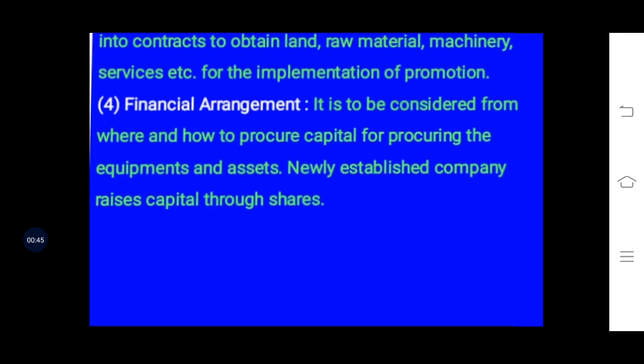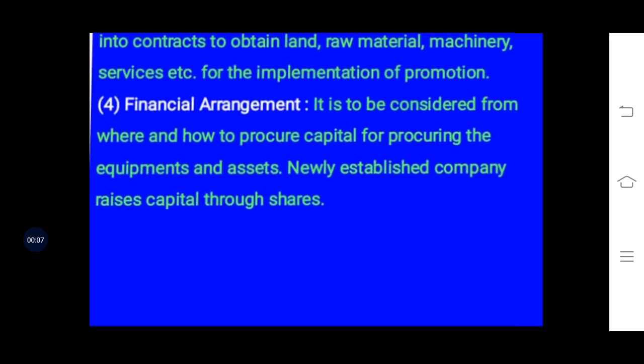Next one is the financial arrangement. It is to be considered from where and how to procure capital for procuring the equipments and assets. Newly established company raises capital through shares, but yet the company has not been established. But the promoter work comes before commencing the company.